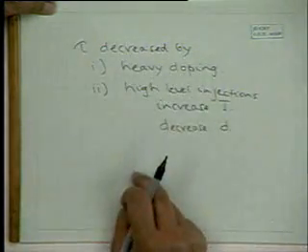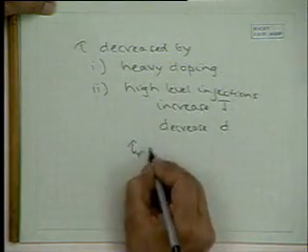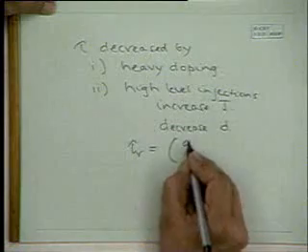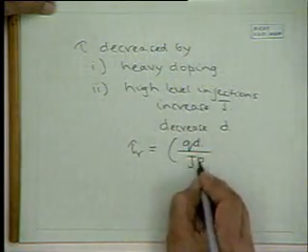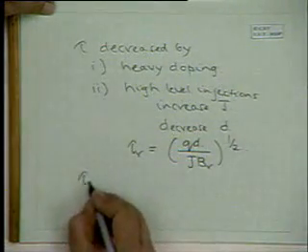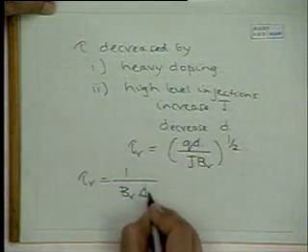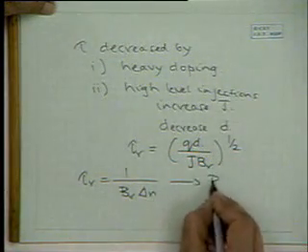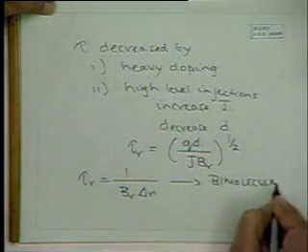So this amounts to increasing the current density and decreasing the width of the active layer. This has been worked out, and for example, you can show that tau R is q d over J B R to the power half in the case of high injection, where tau R is 1 by B R delta N for this bimolecular recombination mechanism.